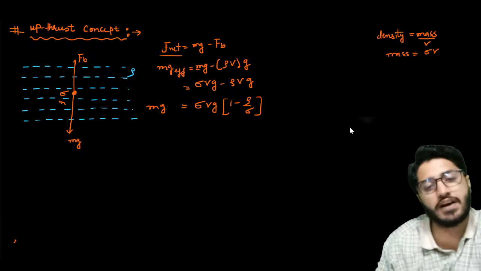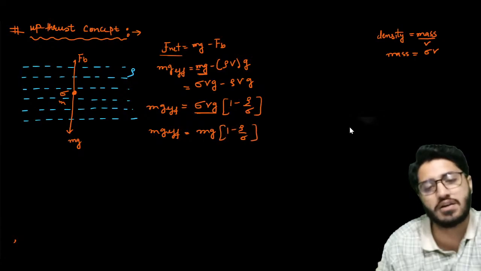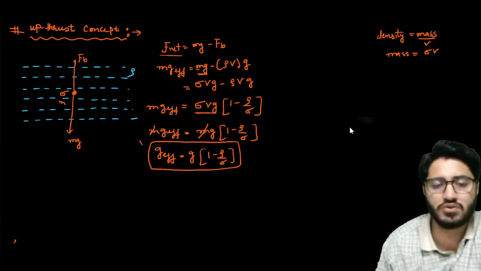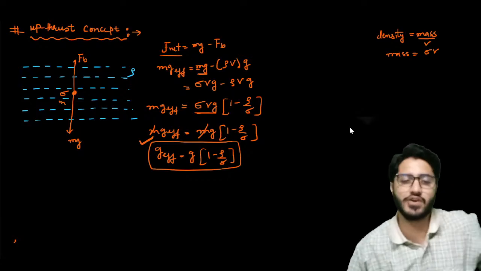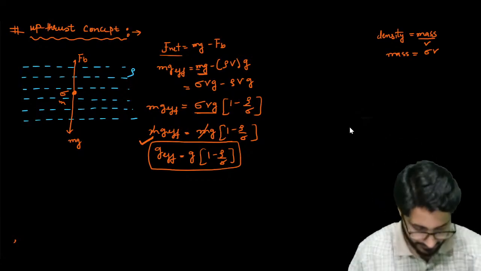So mg effective equals m into g, then 1 minus rho by sigma. Cancelling m, g effective is equal to g into 1 minus rho by sigma. So there we got g effective.